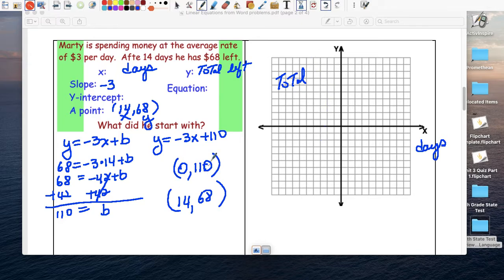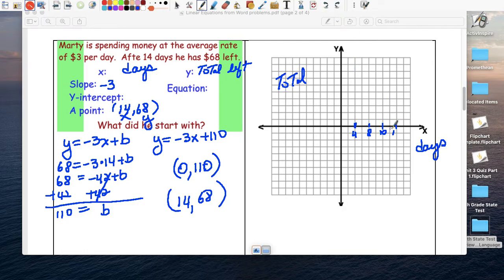Let's graph the 2 points that we know, 0 and 110. So let's make this go by 2, 4. I want to fit in this. Hang on. I'm trying to find a good interval here. 2, 4, 6. No, that's not going to fit. So let's make every 2. 4, 8. So this is 4. This is 8. This is 10. This is 12.